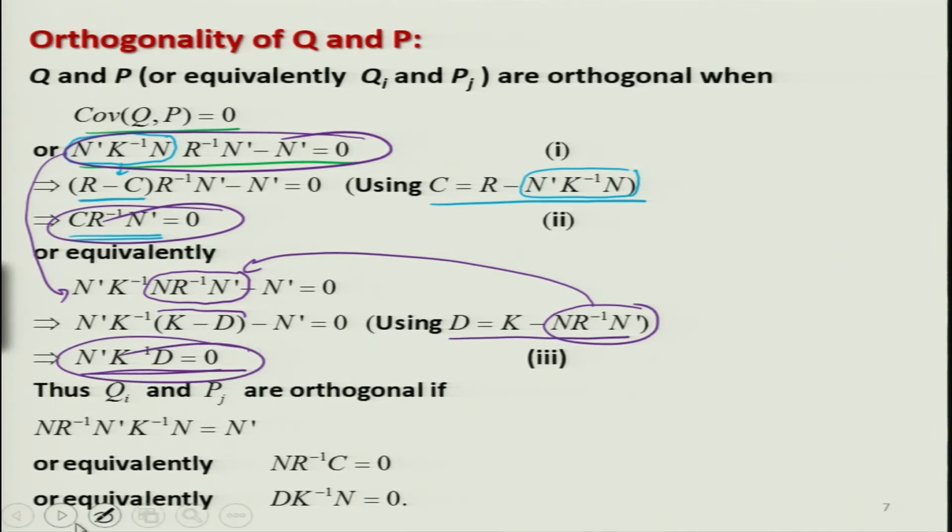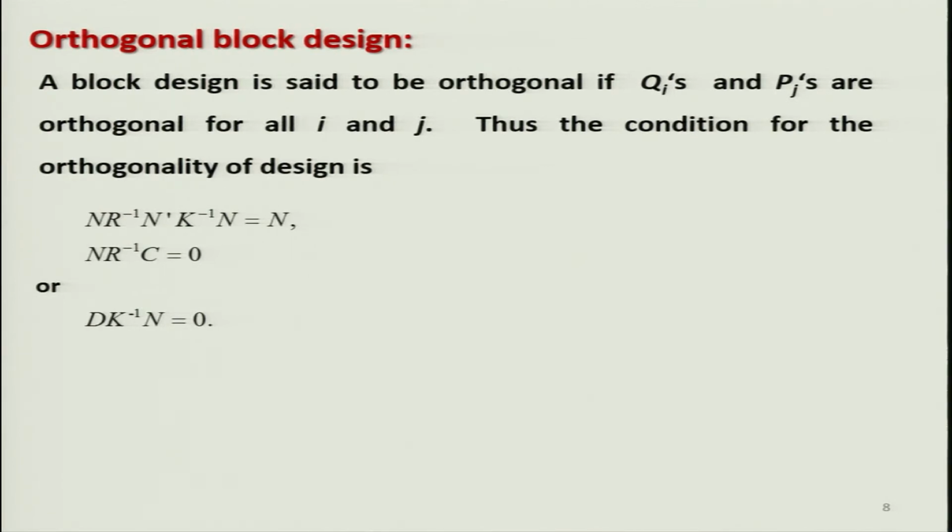So, I can write down very easily that Qi and Pj are orthogonal if N R inverse N transpose K inverse N is equal to N transpose, or equivalently N R inverse C is equal to a null matrix, or equivalently D K inverse N is also equal to a null matrix. So, if any of these three conditions are satisfied, then we have the specification of an orthogonal block design, right.